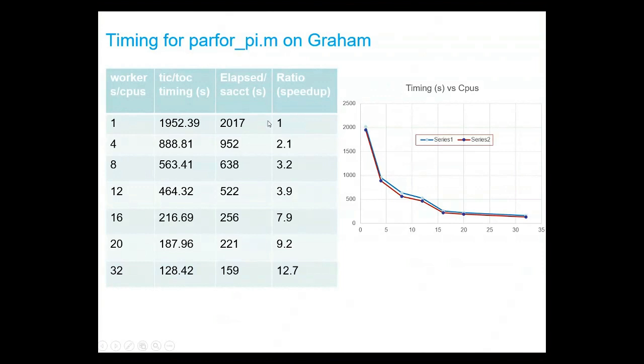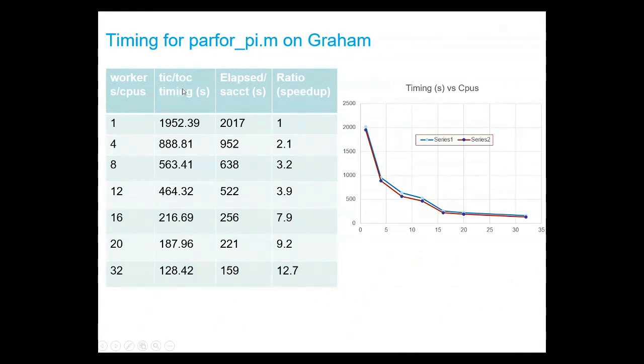So if you increase from 1 to 4 workers, your speed is basically double. And if you go all the way, 1 to 16, it's pretty much 8 times. And all the way to 32, it's about 13. Well, these ratios are calculated on the system's elapsed time.